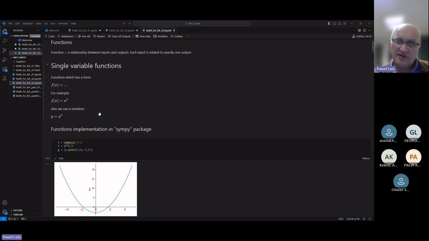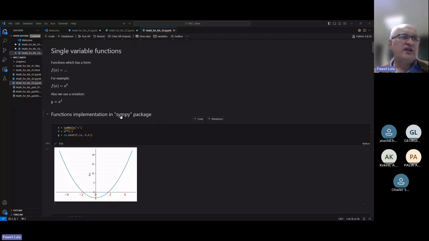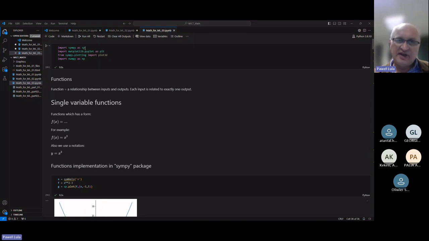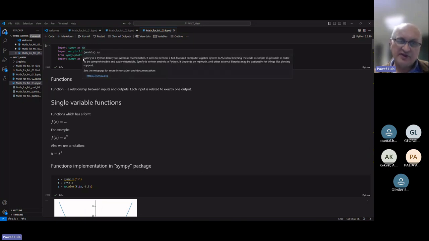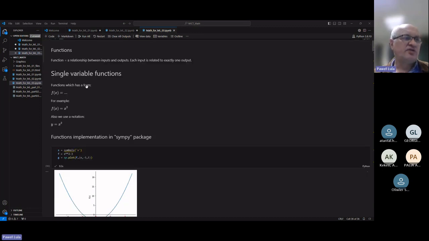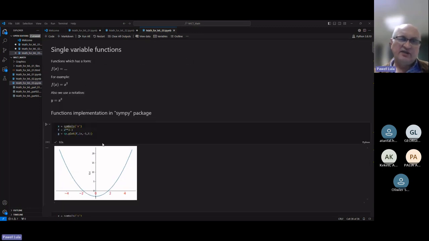I think about mathematical functions. These mathematical functions can be represented in Python in a very easy way using the SymPy package. Therefore, I use this instruction here to import this package, and here I use this package to define a function.